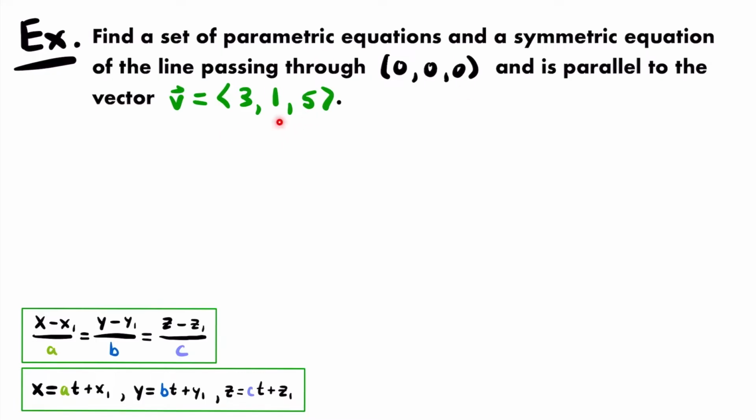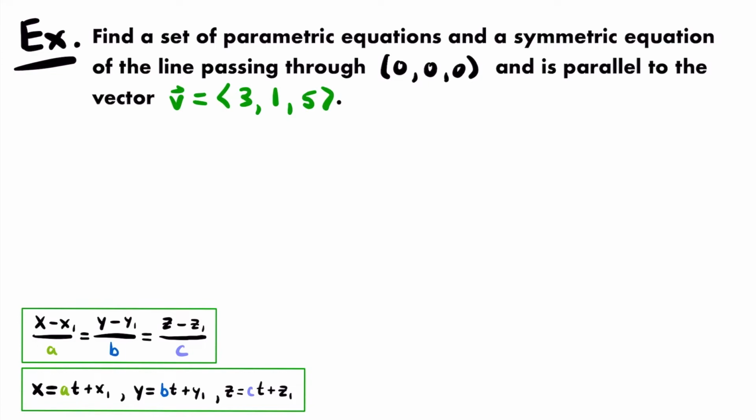Okay, and so in this problem, we are given everything that we need to set up some parametric equations and a symmetric equation to represent this line. Remember, to represent a line in 3D space, we need a point on that line. That would be this point right here. The line passes through this point of 0, 0, 0, and we need a direction vector, or a vector that is parallel to that line.